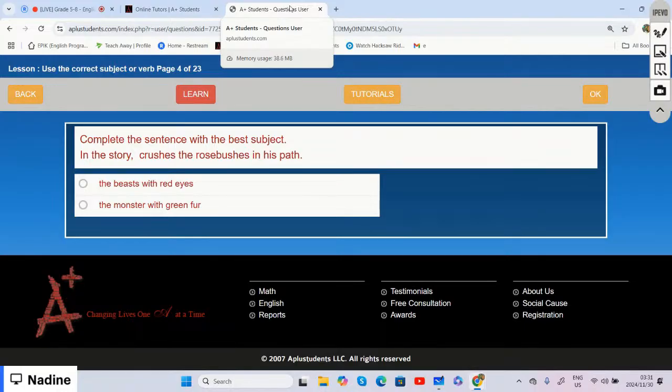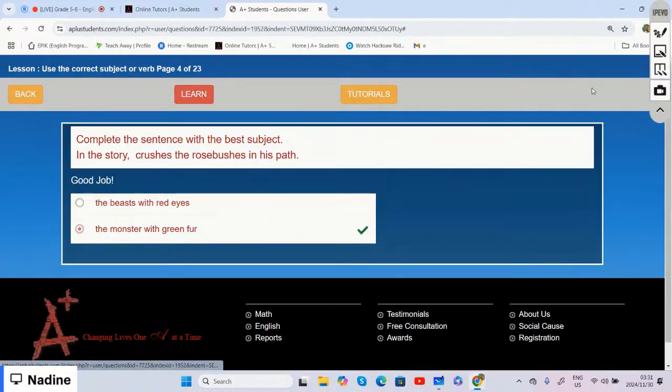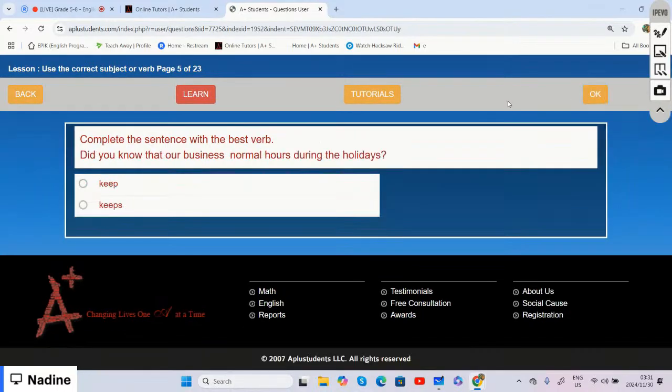So the monster with green fur crushes is singular. Yes, so crushes refers to our singular subject. Well done.